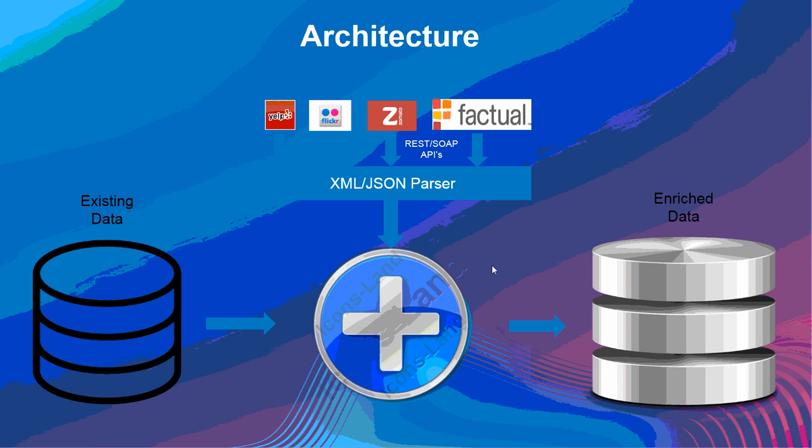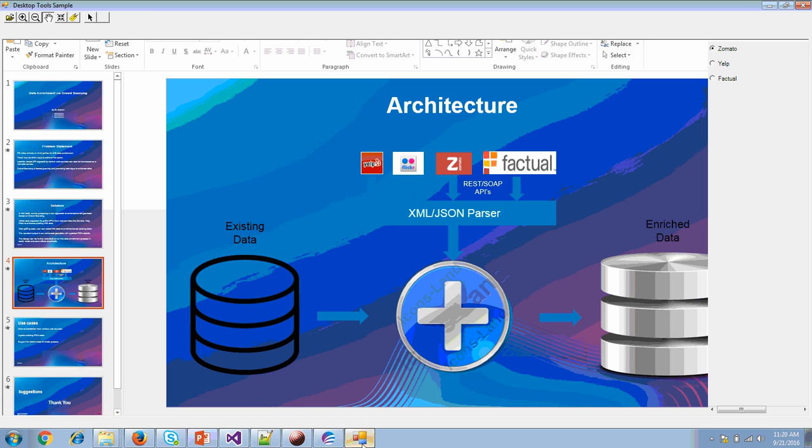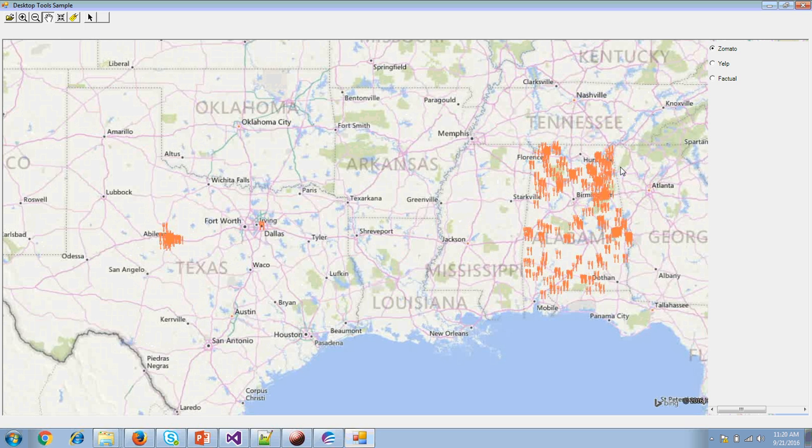Right. So I'm moving ahead to our demo application that we have created for this hack. So this is the demo application that we have created. It is a Windows .NET application based on the MapXtreme SDK, and this map here contains some restaurants.